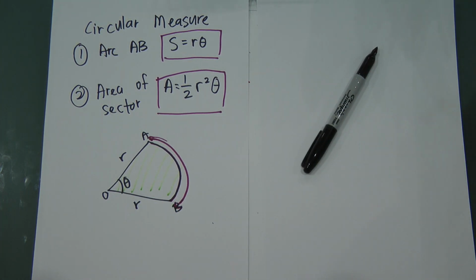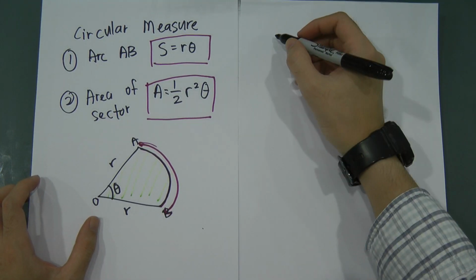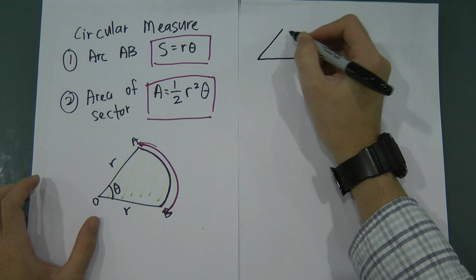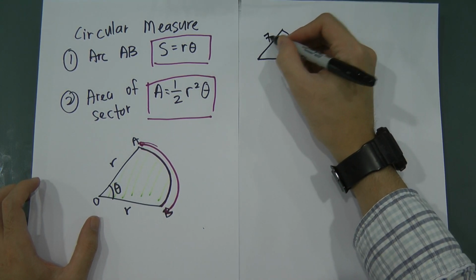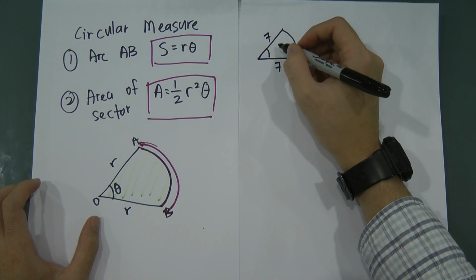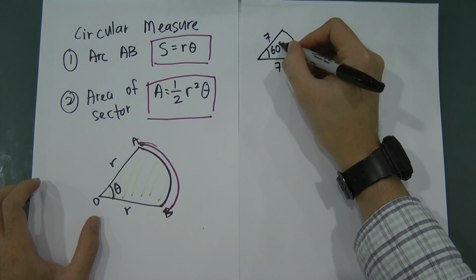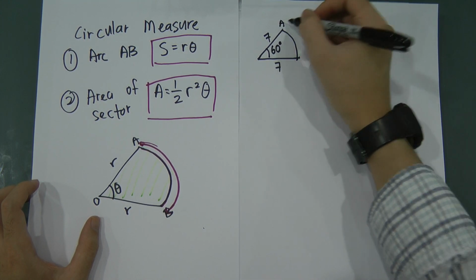So for example, I'll randomly give you some examples to give you some insight. Let's say this one is 7, so this one will be 7 also. Now I give you this angle is 60 degrees, and I ask you to find arc AB.